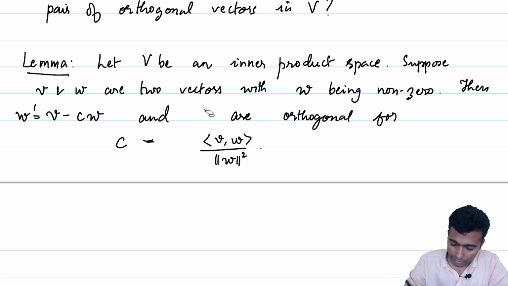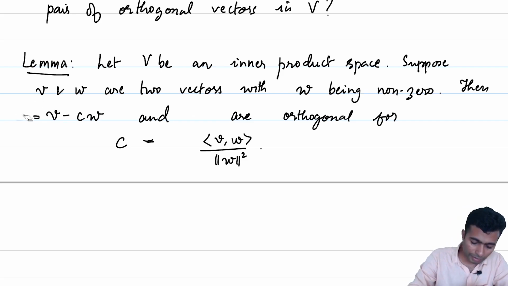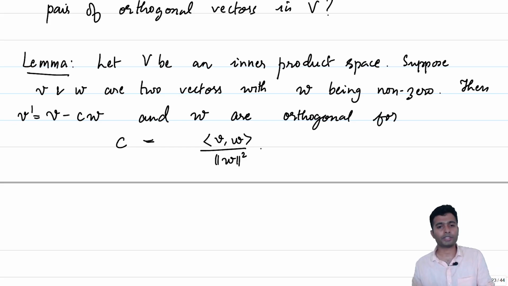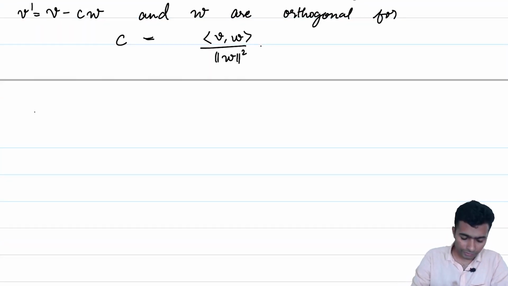It will be W, and so let's call this V prime, and W, they will be orthogonal to each other. Let's give a proof of this.